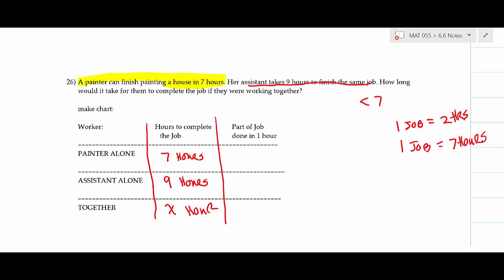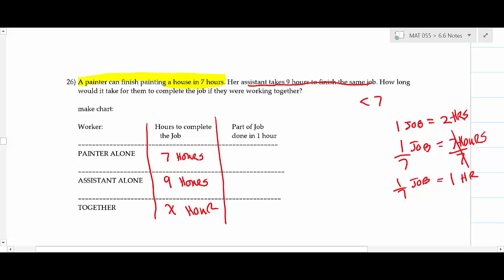Let's do this. 1/7, 2/7, 3/7, 4/7, 5/7, 6/7, 7/7. Job done, right? 7 hours has passed. Now, one way that you can reason this out, this is an equation. You can divide both sides by 7, and you get 1 hour is equal to 1/7 of the job. So you've done 1/7 of the job in 1 hour.